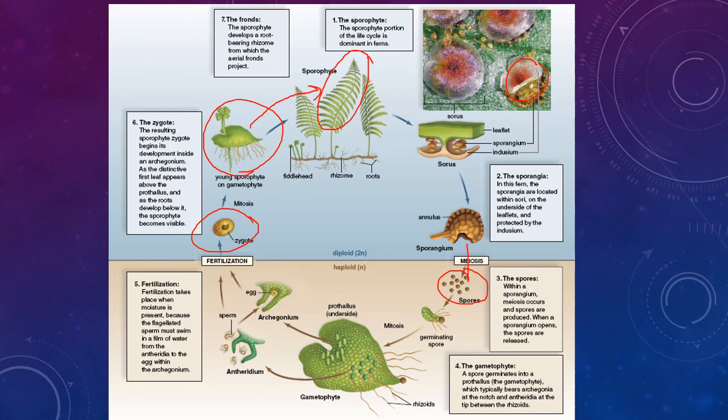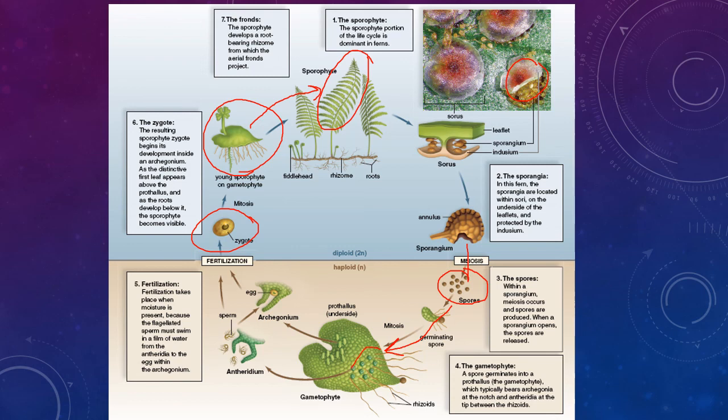Now, those spores start to germinate and grow into a multicellular gametophyte generation. So keeping in mind it's haploid, multicellular, does not have vascular tissue. On this, there are the portions that are the gametangia.